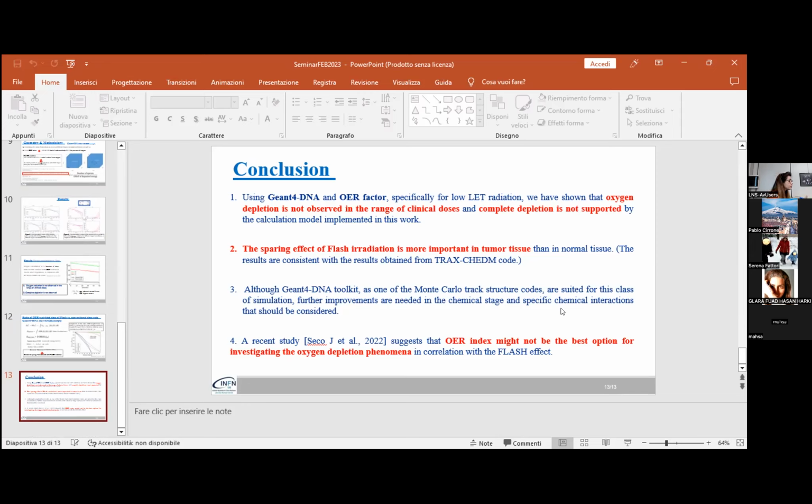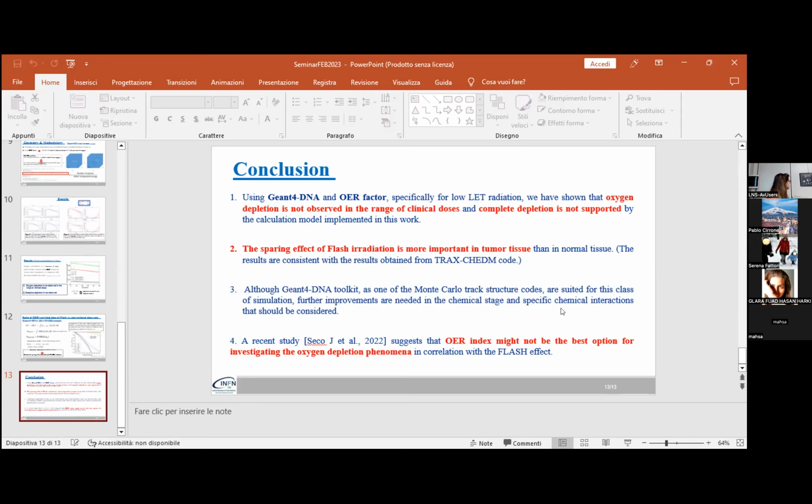But we don't know if it is the exact time considered for this or not. This is the time, and maybe change the OER, because we don't know if OER is a good option for oxygen depletion or not.